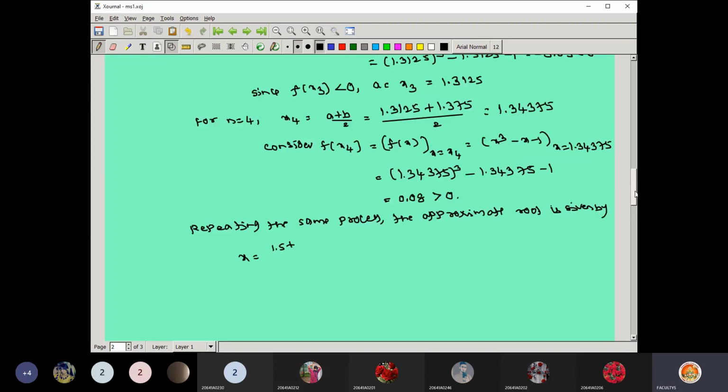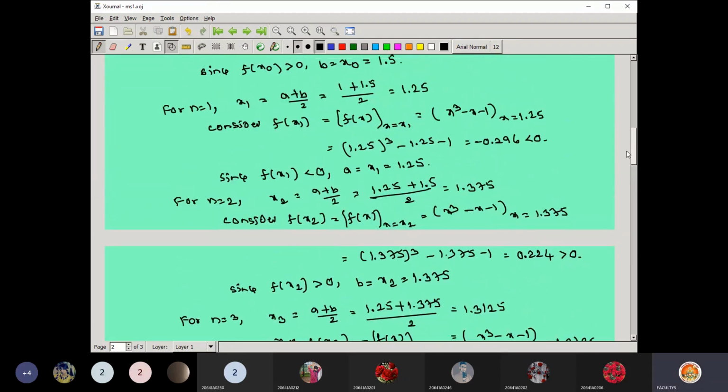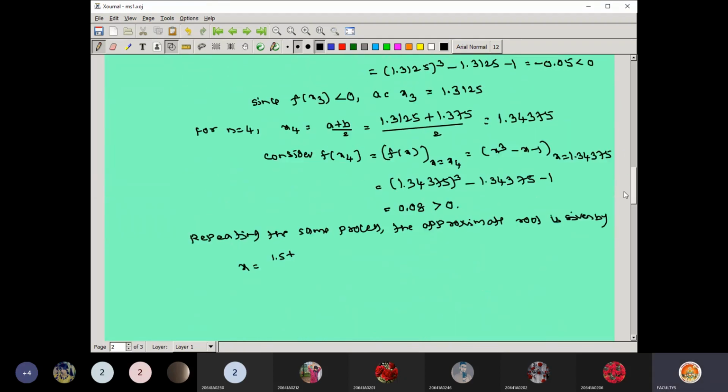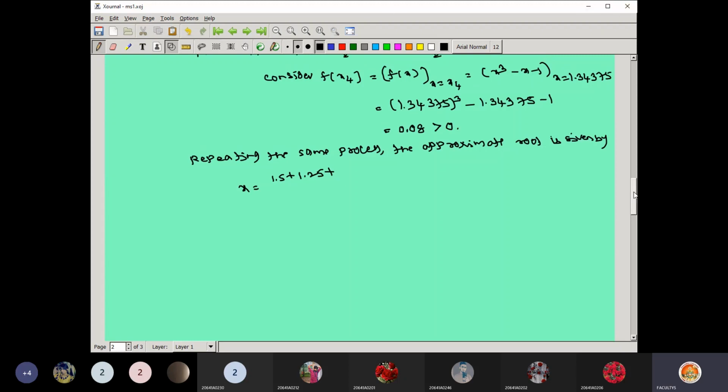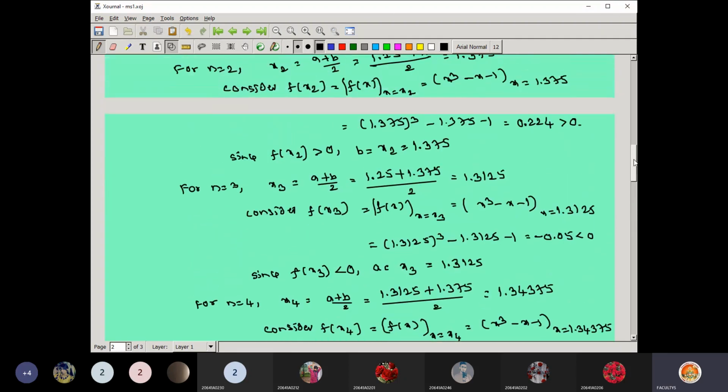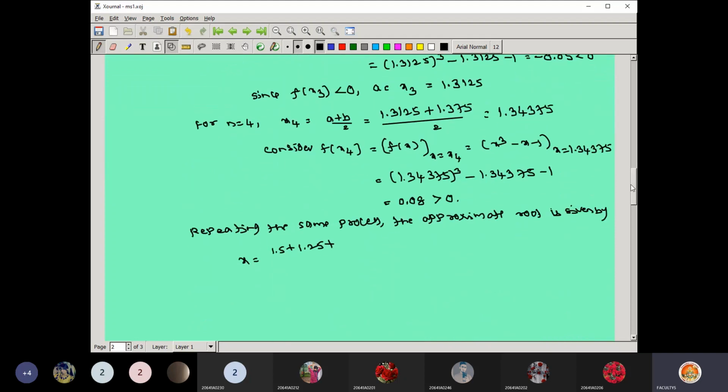What is the x1 value? x1 is 1.25. And similarly, you can go for x2. Only x values you are writing, don't go for functions. x2 value is 1.375.